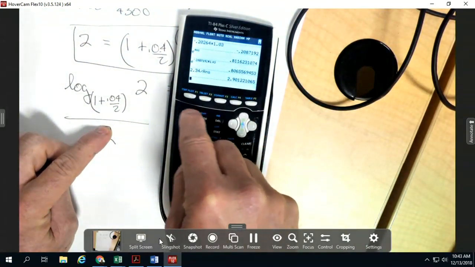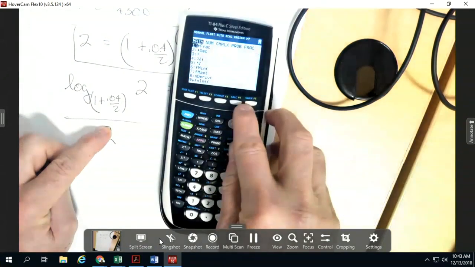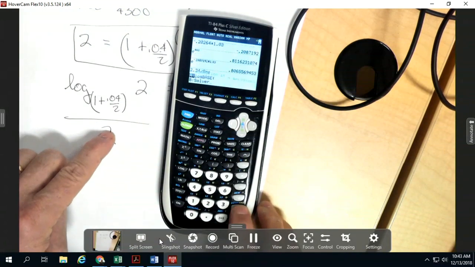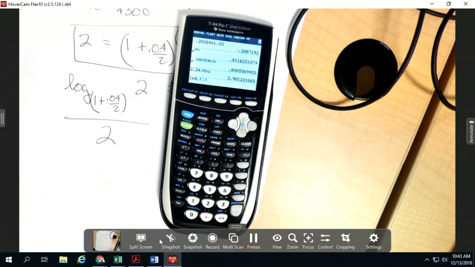Calculator, you notice this time we can use the log base function on our calculator. Why? Because on our paper here, we've got a different base. Our base is not 10 or e. It was 1 plus 0.04 over 2. So we're going to put this base into the base, and we're going to put 2 in there.